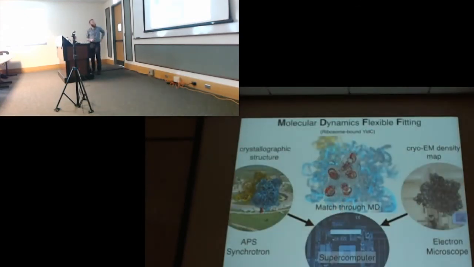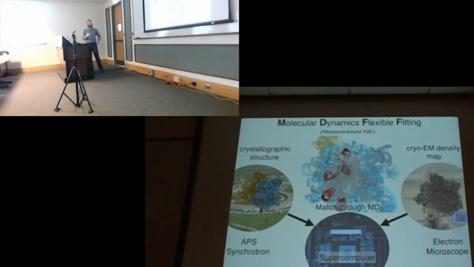All right, so with molecular dynamics flexible fitting, we deal with two primary data sources. With X-ray crystal structures that you get from like the PDB, you have a fairly high resolution look at your system, but because of the crystallization process, the structure that you get might not actually be in a physiologically relevant state that you want to investigate. On the other hand, with cryo-electron microscopy, you get a generally lower resolution image of your system.